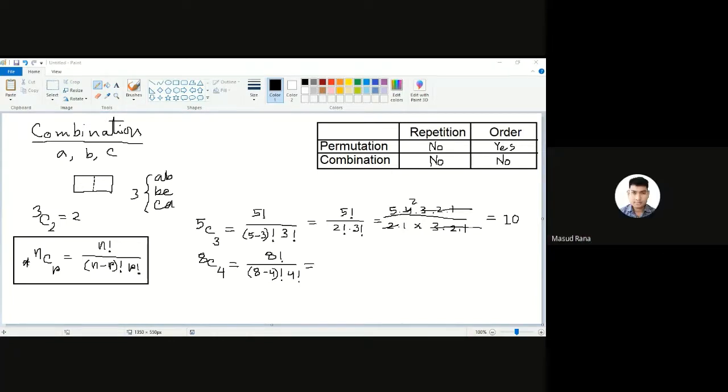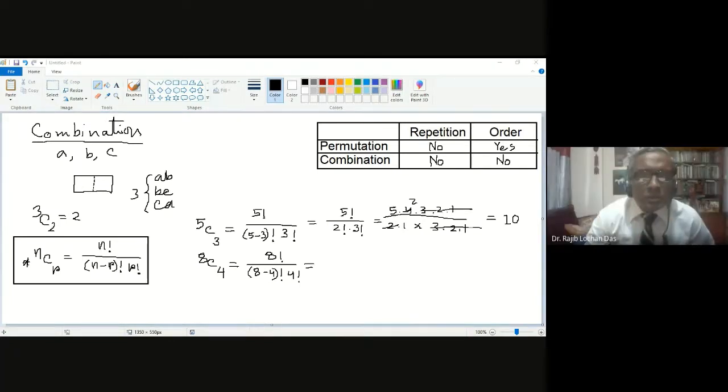Student: 3C2 equals 3 or 2, sir? 3C2, let me check which one you are talking about. 3C2. Oh, that's 3, sir. No, you are right. So it is 3. I mean, AB and BC and CA. Yes, it is 3. 3C2 equals 3.